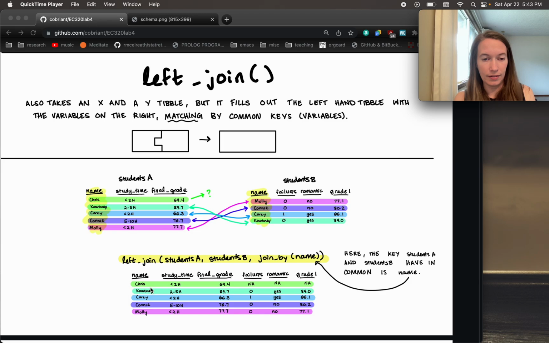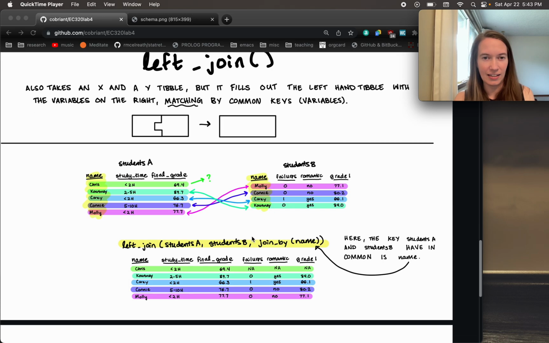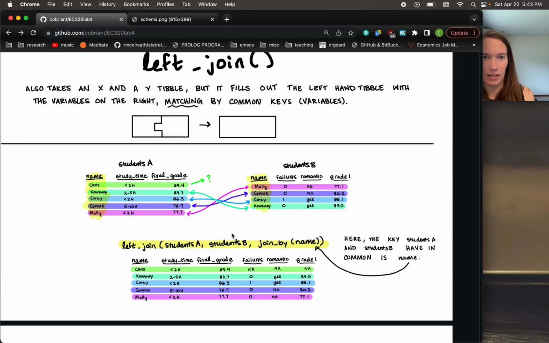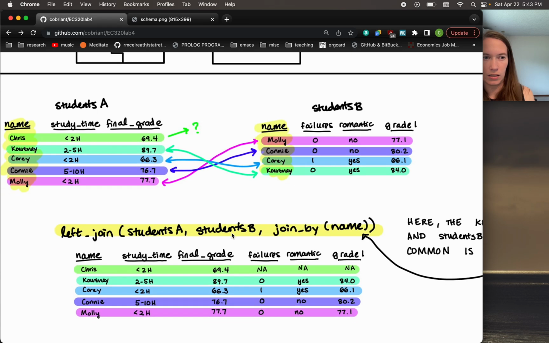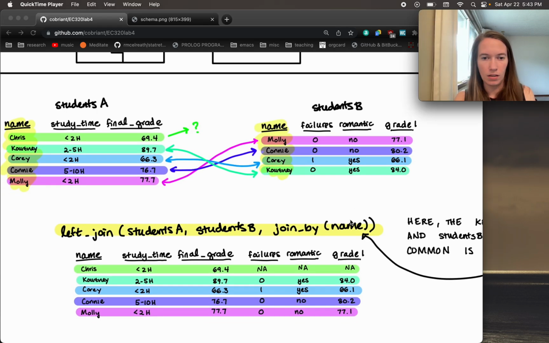So let's not start with Chris, because remember, Chris doesn't appear in students B. Let me zoom in and make sure everybody can see that. Okay. So Chris doesn't appear over here. So let's actually start talking about Courtney. So we've got Courtney. She's studying for 2 to 5 hours per week. Her final grade is an 89.7.